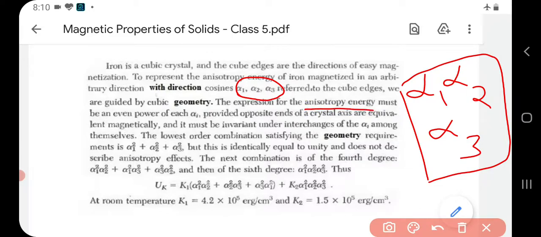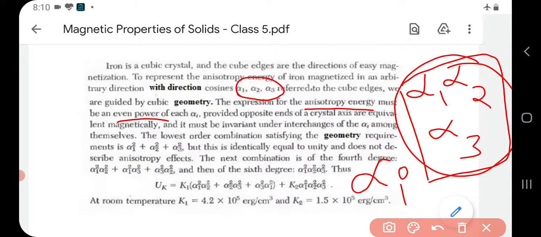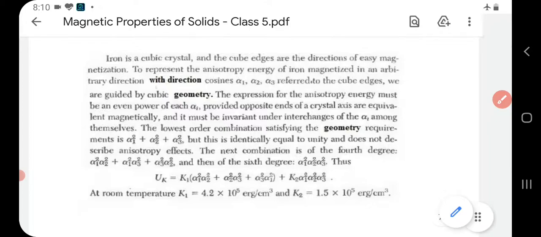One condition is that opposite ends of the crystal axis are equivalently magnetized, and it must be a constant, that is, it should not change under the interchange of the direction cosines. So that is the condition.